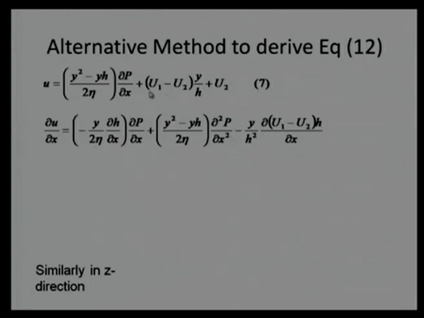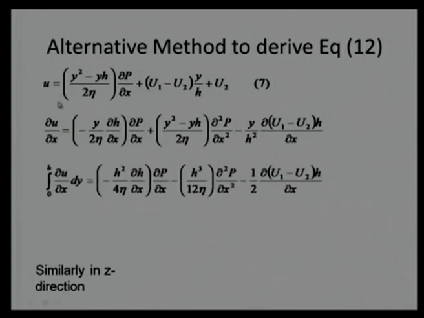When we are differentiating this term, we have the h term also, and we can differentiate h as an inverse, so a minus sign will come, and this expression will turn out to be y minus h square, multiplied along with this. Now, here we are saying that u1 and u2 also may be differentiated with respect to x.